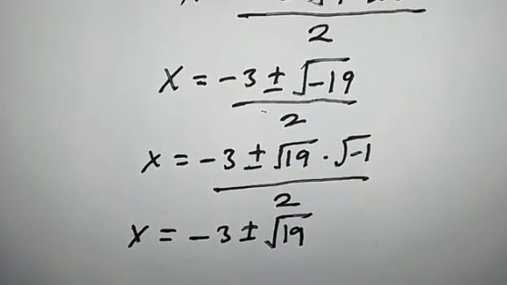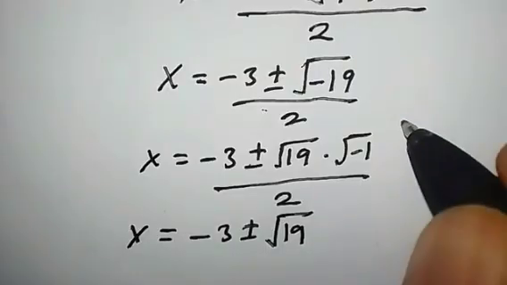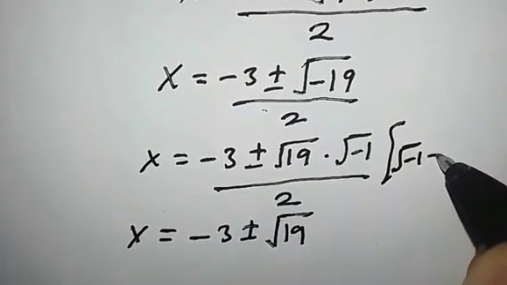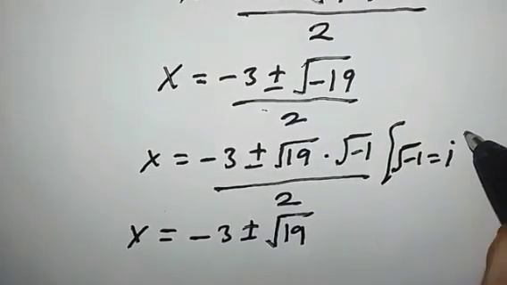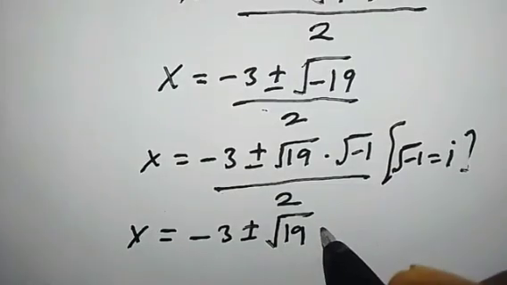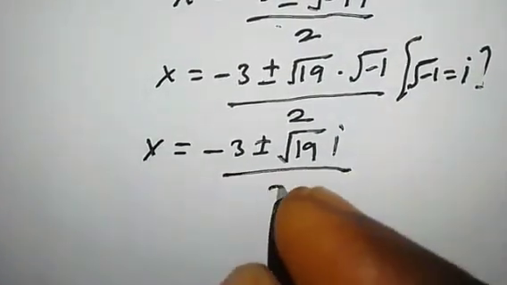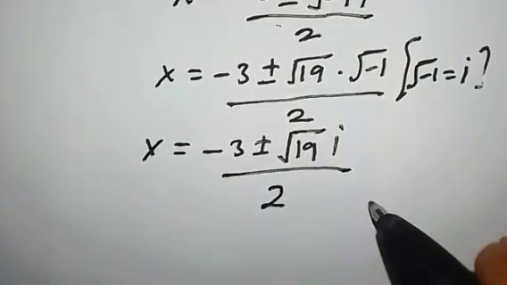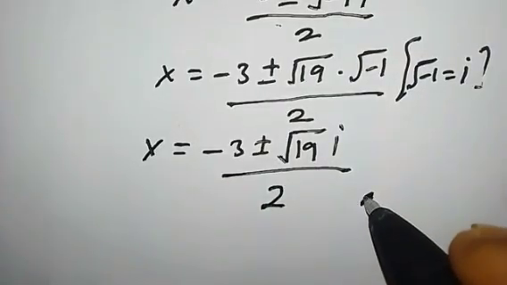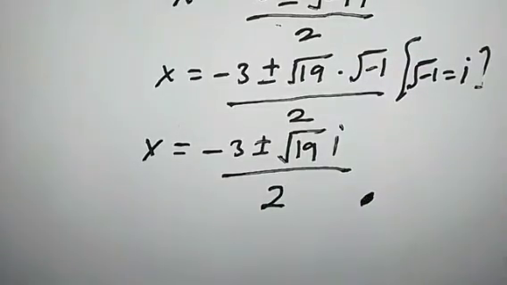Don't forget, from complex numbers, square root of minus 1 is equal to what? It is equal to i. So we have i here divided by 2. This is another value of x. So take note of this one too.